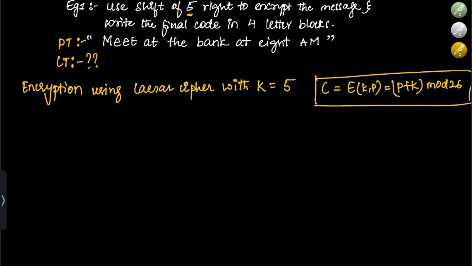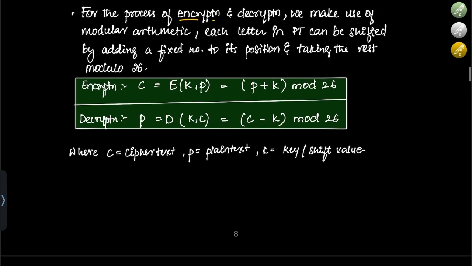Let me start writing for each and every alphabet. I'll start from M, then I'll go to E, E, T, A, T, and so on. So let's start from M first. For M, if I write C, the cipher text would be encryption of K. K value is 5, and plain text M. What is the M equivalent?